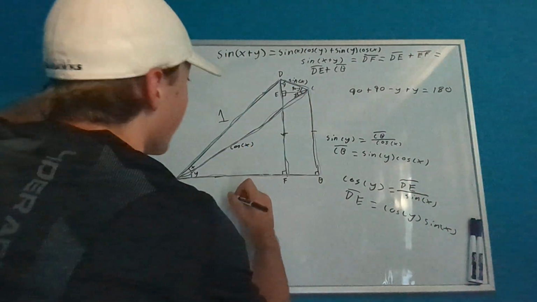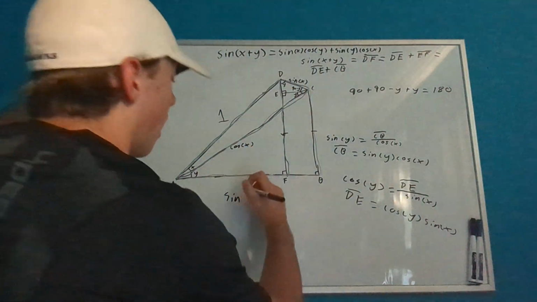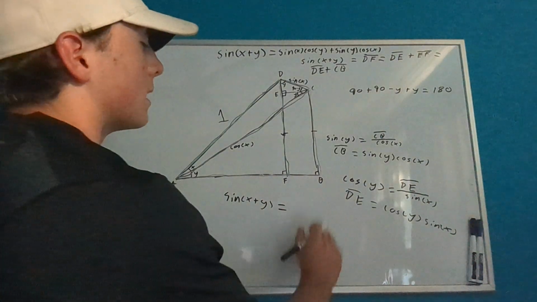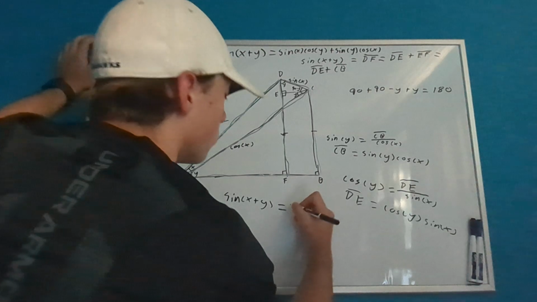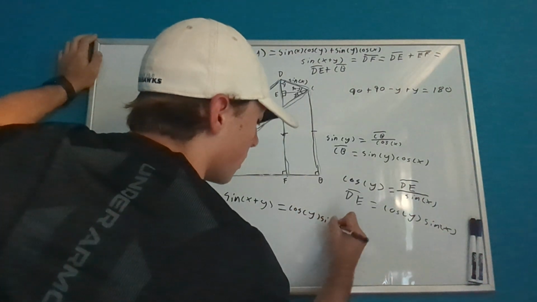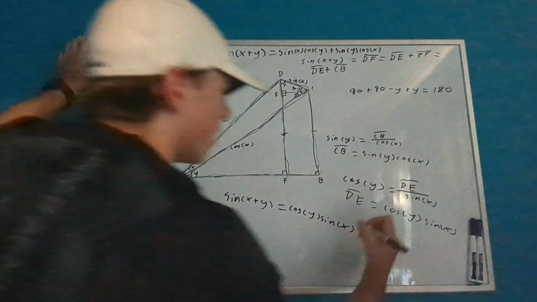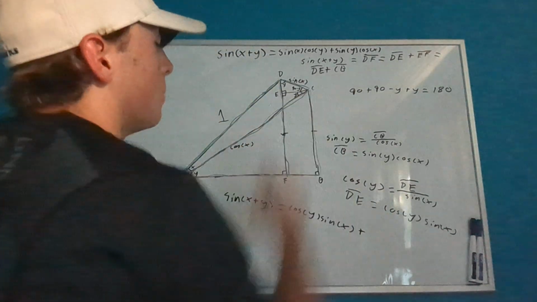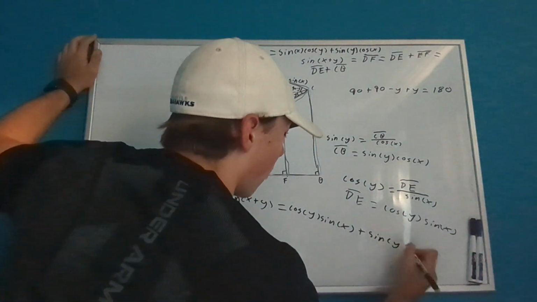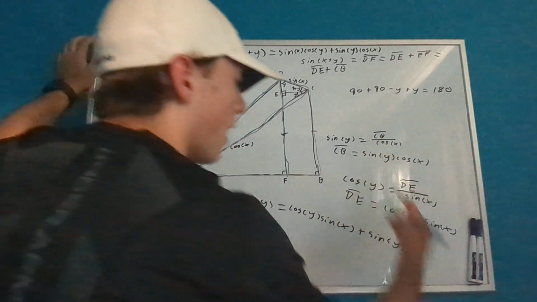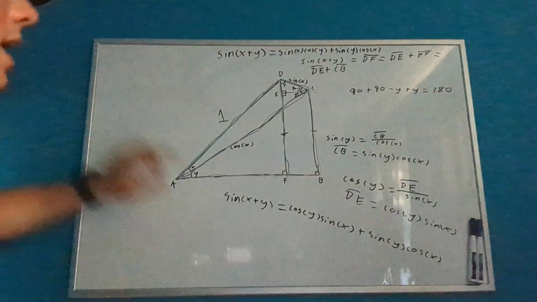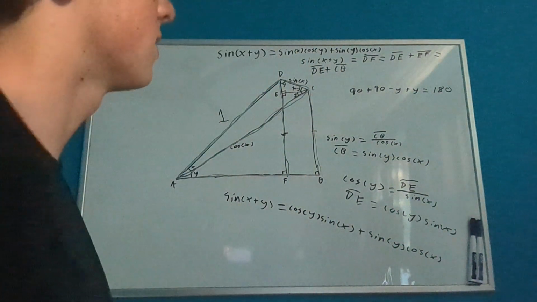So at the end, we get sine of x plus y equals, well, DE equals cosine of y times sine of x, then plus CB. We know CB equals sine of y times cosine of x. This is the same thing as the theorem we set out to prove.